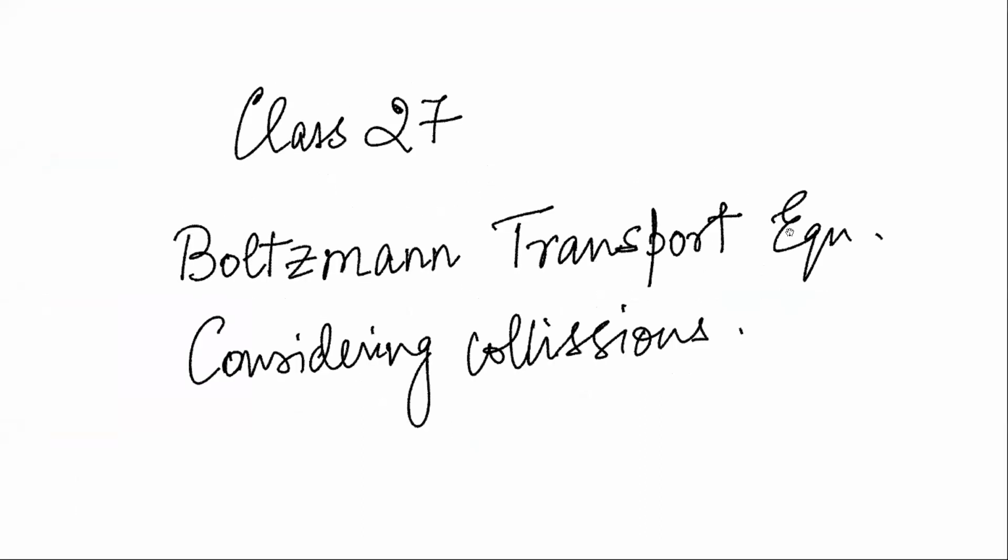So what we're going to discuss in class 27 is the Boltzmann Transport Equation considering collisions. In the previous version of the Boltzmann Transport Equation, we considered that if the distribution function is away from its equilibrium value, then due to internal collisions there's a relaxation time tau zero, and left to itself, the distribution function will relax to its equilibrium value within time tau zero.